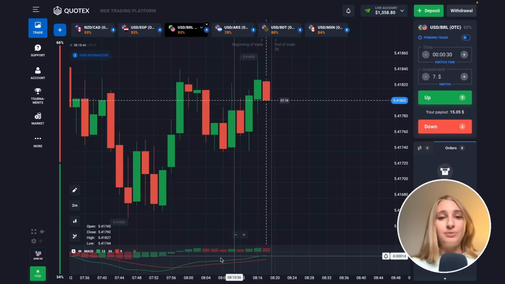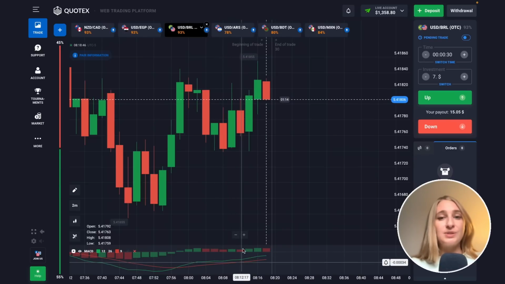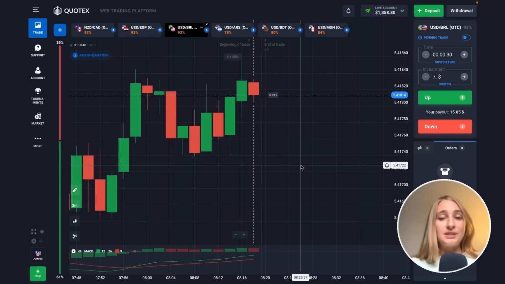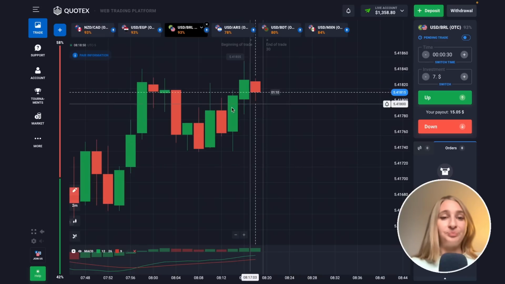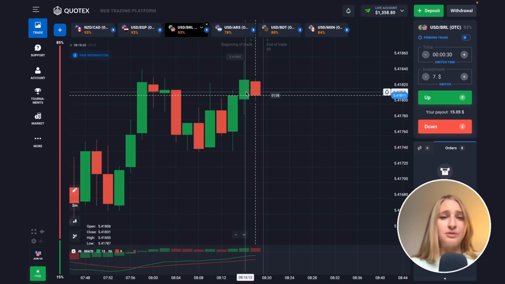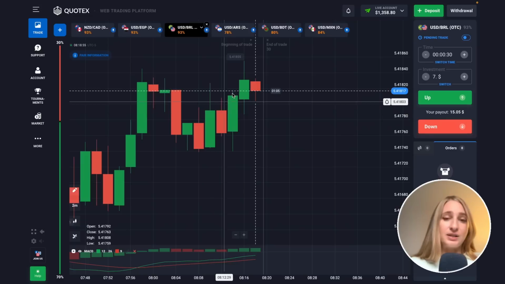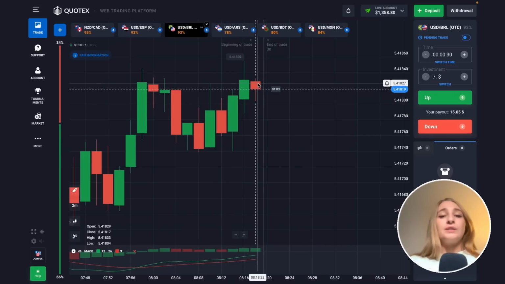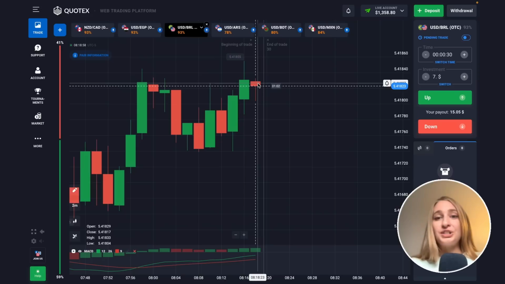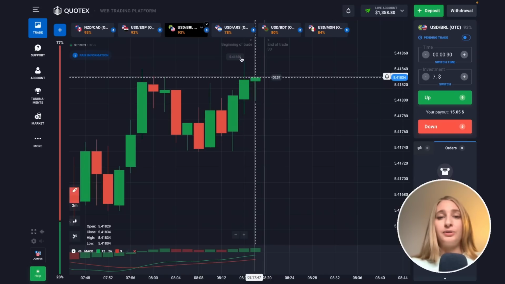I just went with it firstly. Secondly, you can see also a really narrowing situation with the candlesticks. Also really thanks to these signals. So let's see how it will go in the next currency pair.